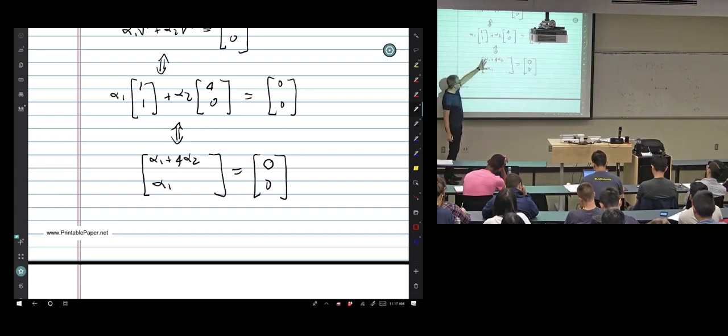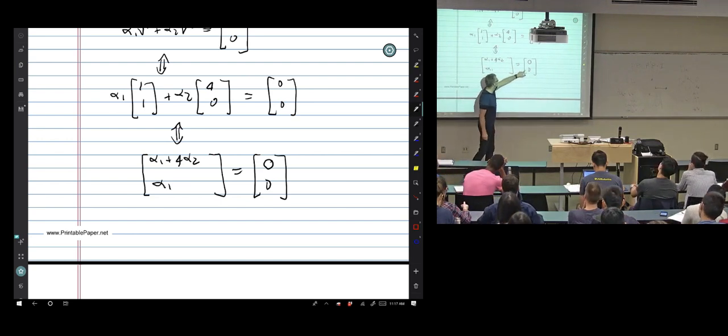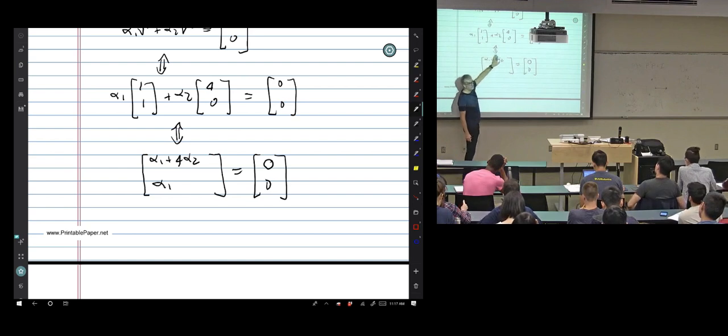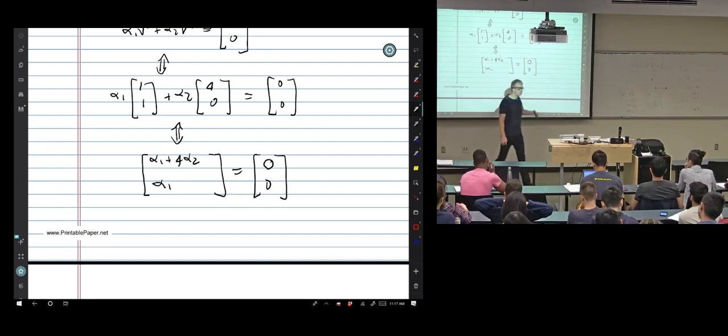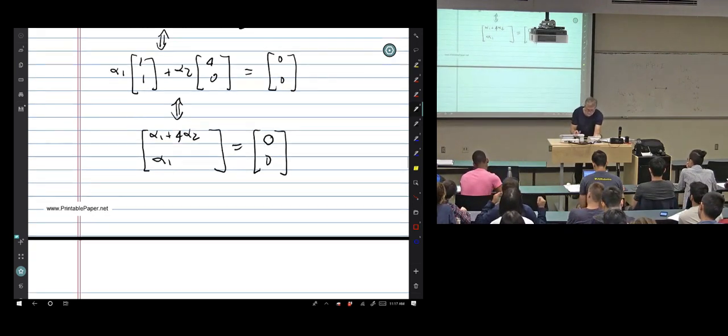Okay, so now I have 2 equations and 2 unknowns, and I made it triangular and simple. So alpha 1 is 0, and once I have alpha 1 is 0, I get alpha 2 is 0. So it's trivially alpha 1 equals alpha 2 equals 0 is the only solution.